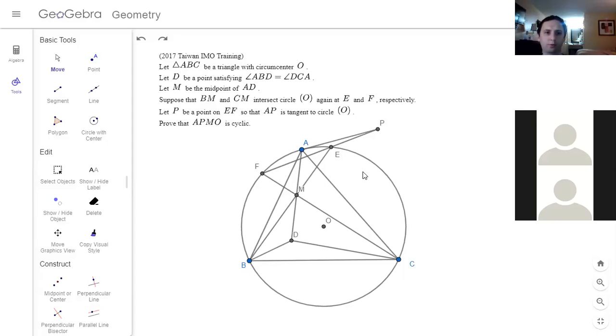So what's the best way to show APMO is cyclic? Power of a point, angle chase, what else is there? Radical axis theorem, stuff like that.